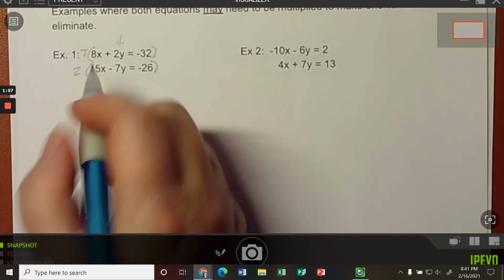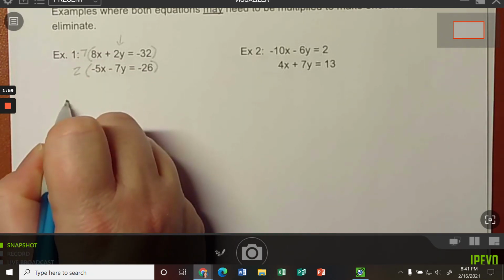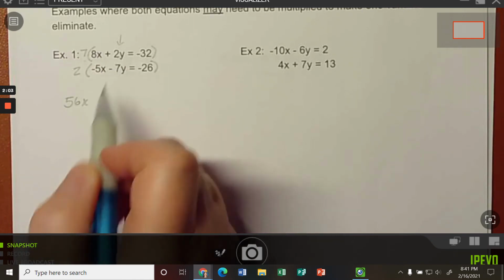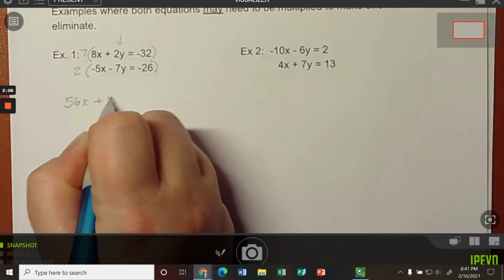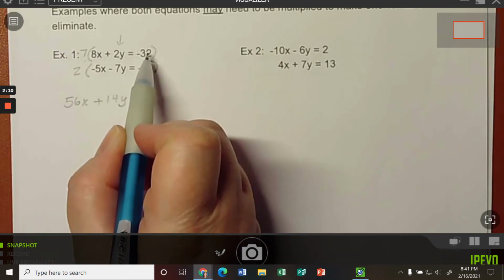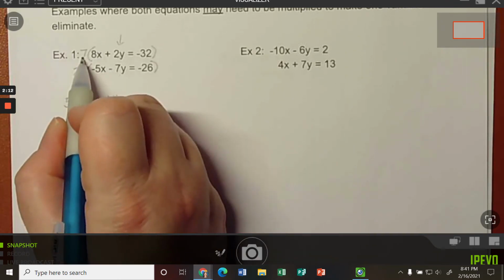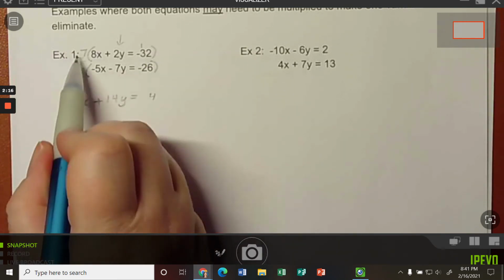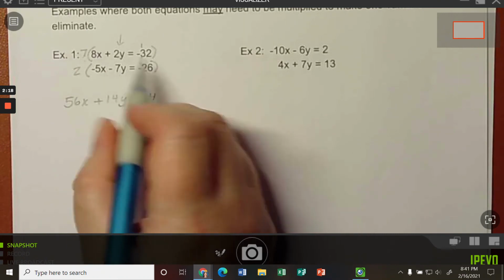7 times 8x will give me 56x. 7 times 2y will give me positive 14y. And 7 times negative 32, 7 times 2 is 14, and 7 times 3 is 21, plus the 2 is 22.